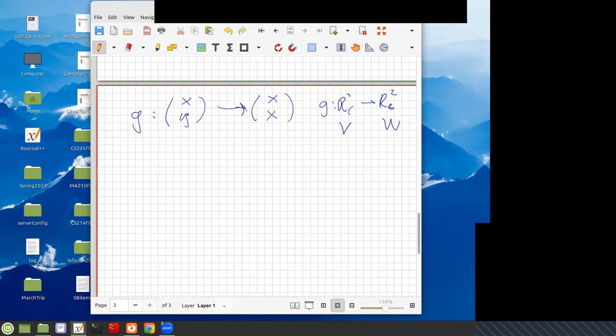If I take an arbitrary vector v, this is its image. Is it well defined? Well-defined means that one element can't go to two different ones.